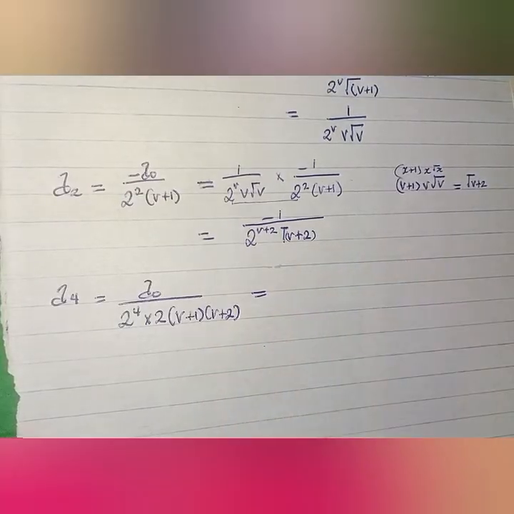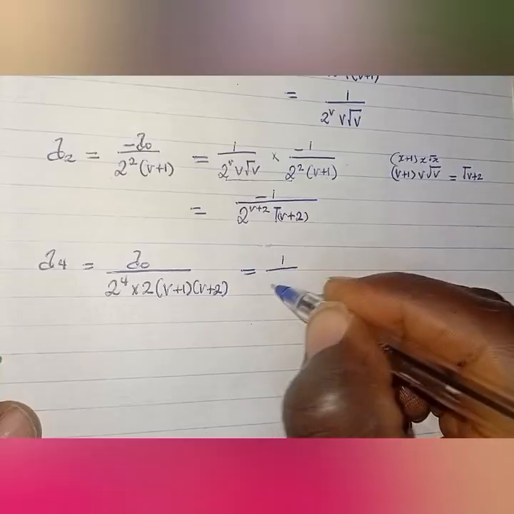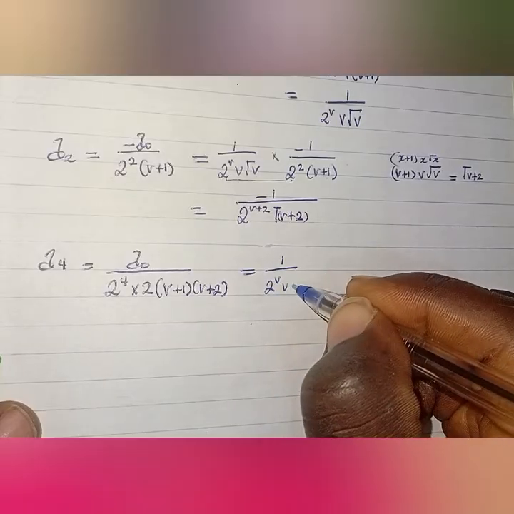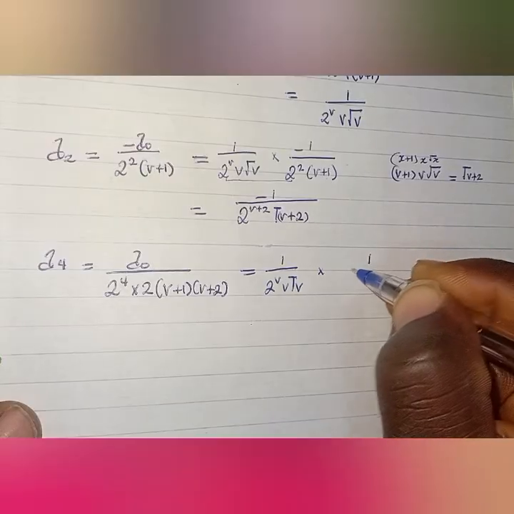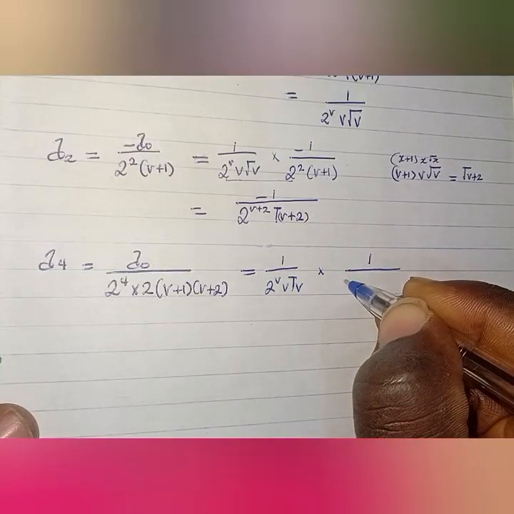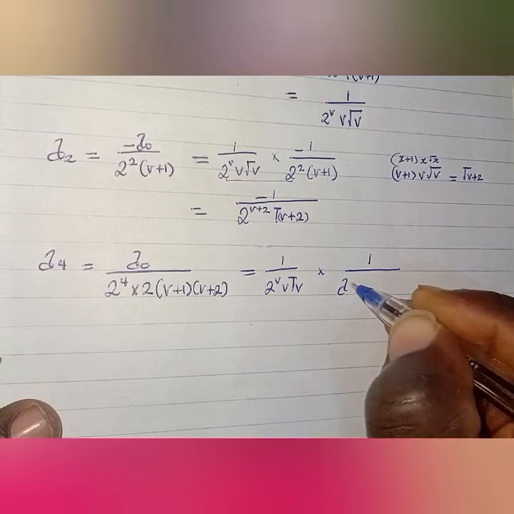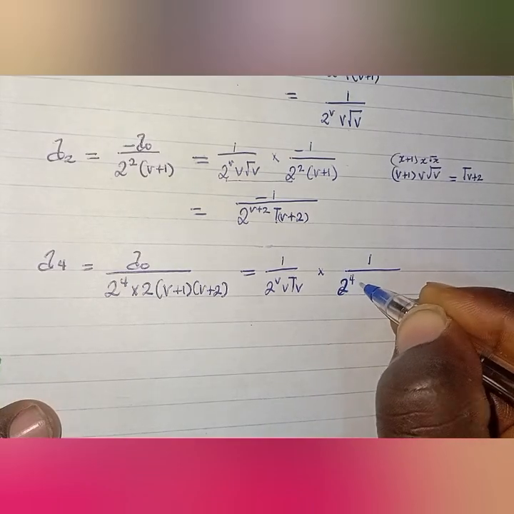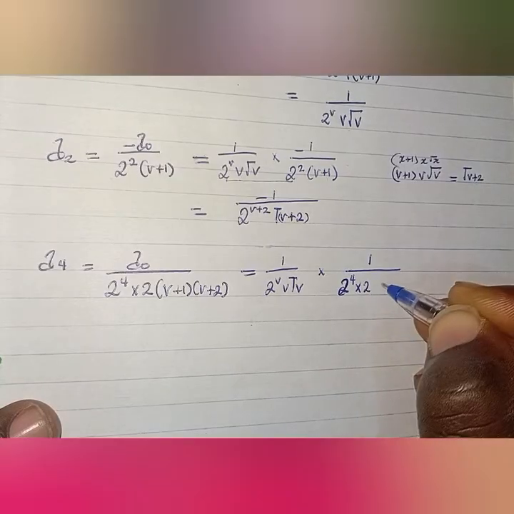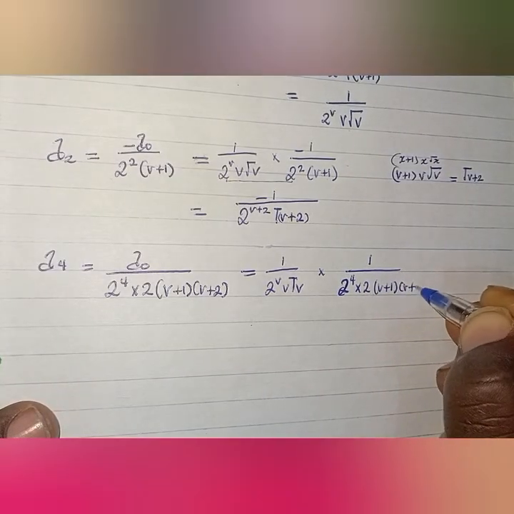Now let's turn it to Bessel function. A naught is 1 over 2 raised power v, v gamma v, multiplied by 1 over 2 raised power 4 multiplied by 2 factorial, v plus 1, v plus 2.